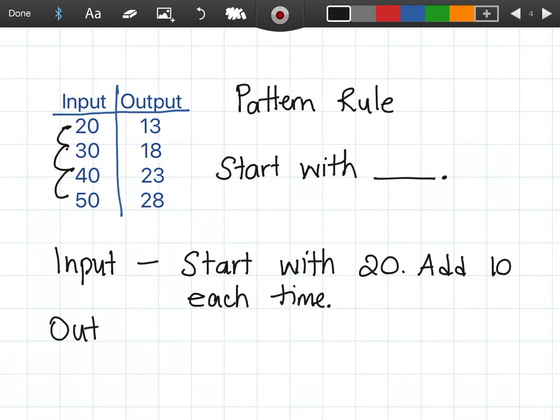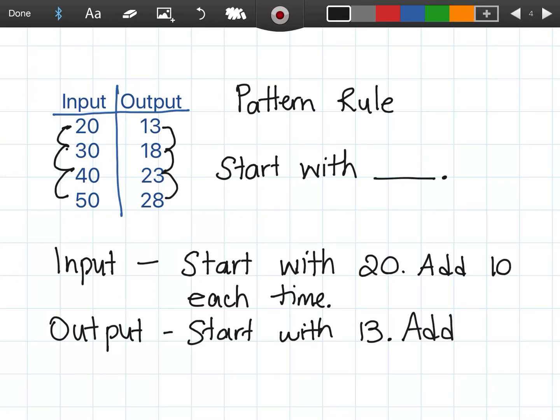For the output, it will be a different pattern rule. First we start with that start with statement. So we start with 13, and now we need to see. Add 5, add 5, add 5. So we can put in add 5 each time. You might remember from previous years that you would put alternating.